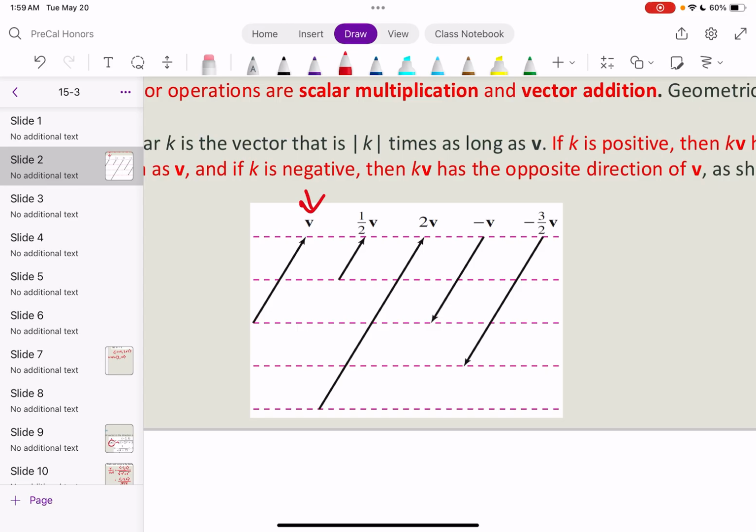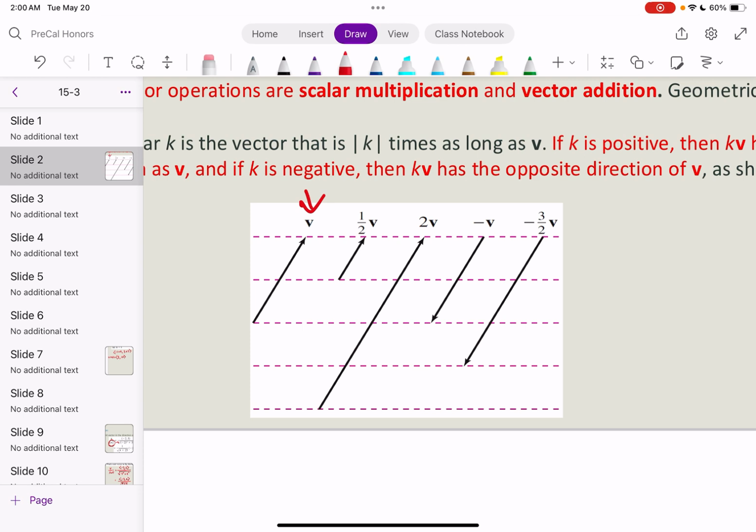As we begin to start multiplying by negative numbers, notice it's not like a slope. It does not aim downward towards the right-hand side. That line remains the same. The only difference is the arrowhead goes from the upward side of the line to the downward side of the line.